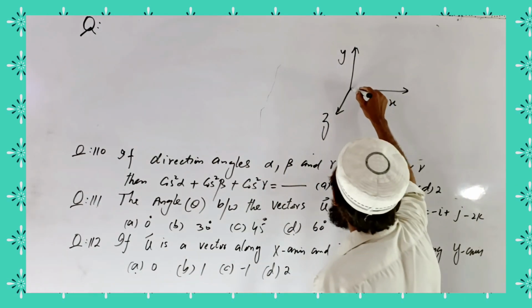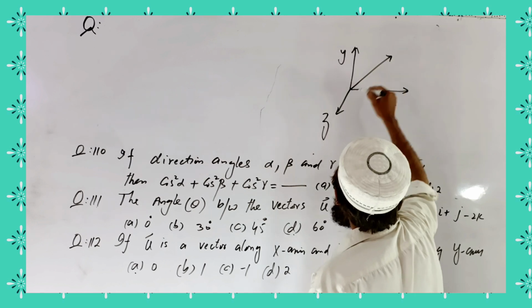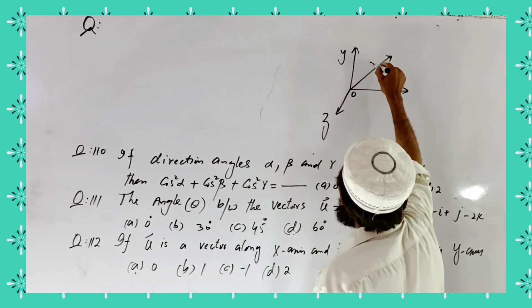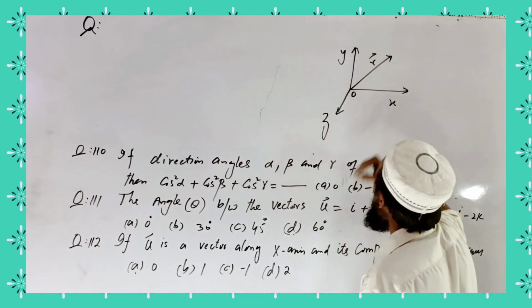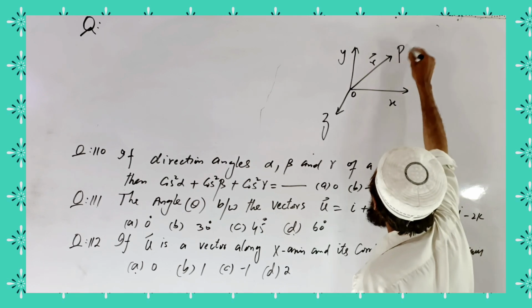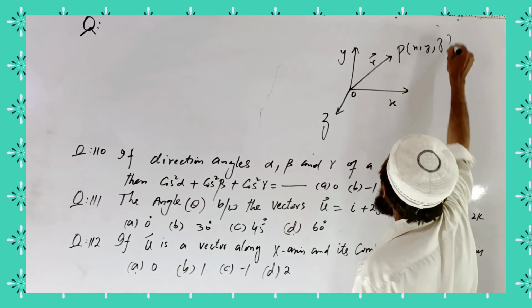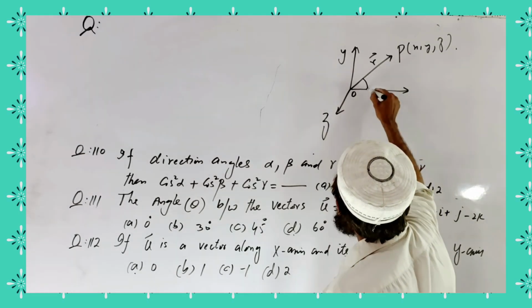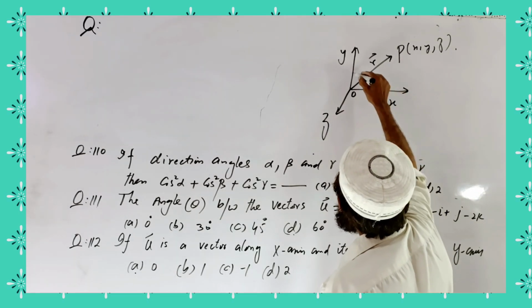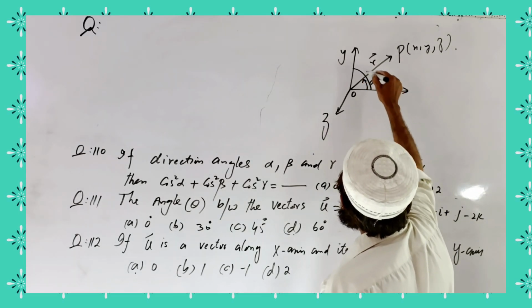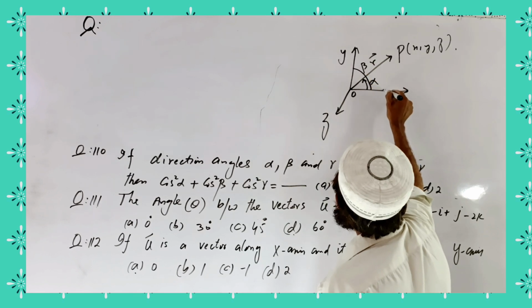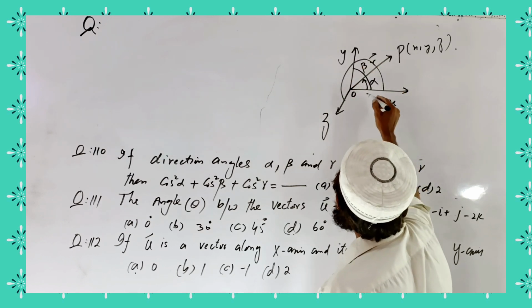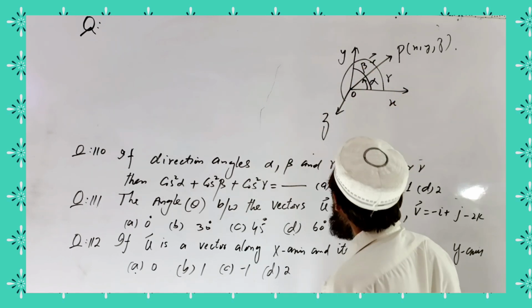If the angles are made along the axes, this is the origin, and any position vector, if we draw it from P, x, y and z, the angles will be represented by alpha, beta and gamma.